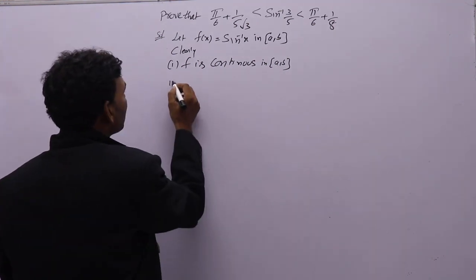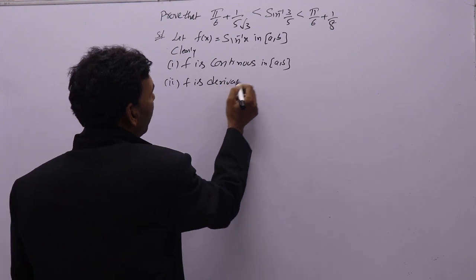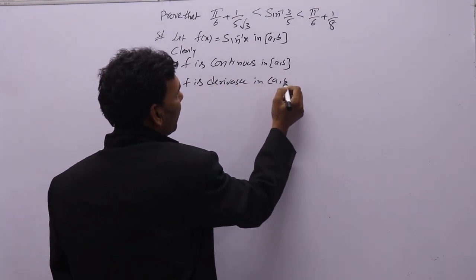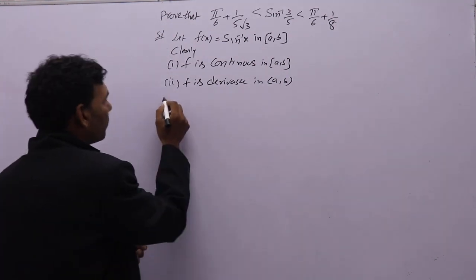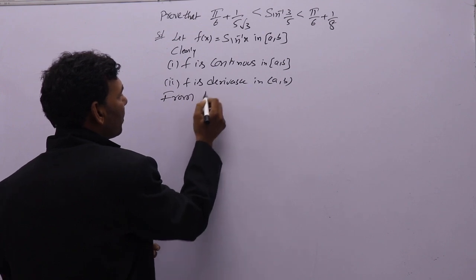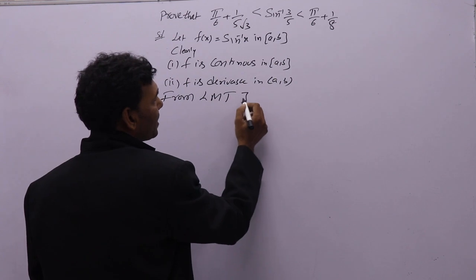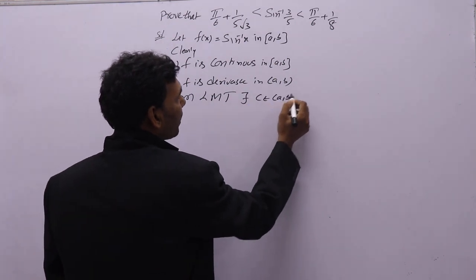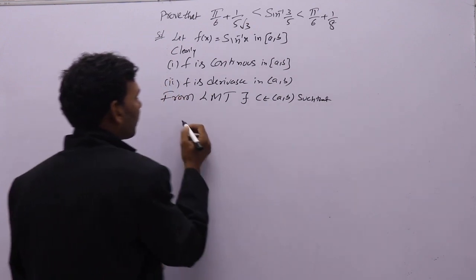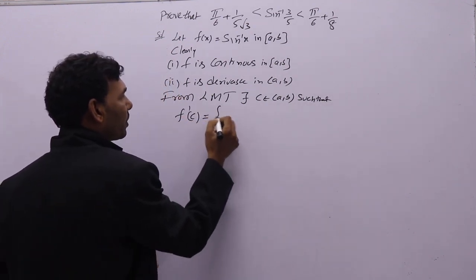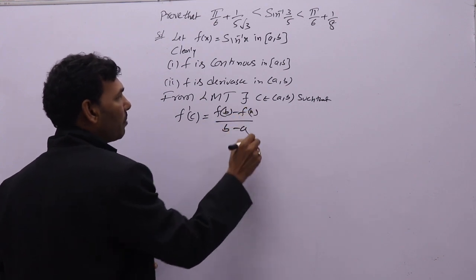Sine function is always continuous and derivable. So f is derivable in open interval a comma b. So f satisfies both the conditions of Lagrange's mean value theorem. So from Lagrange's mean value theorem, there exists c in open interval a comma b such that f dash of c equal to f of b minus f of a by b minus a.